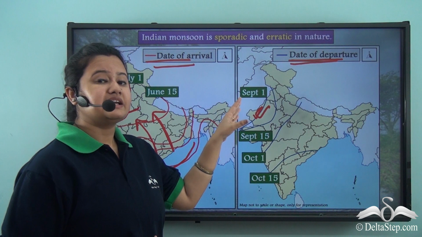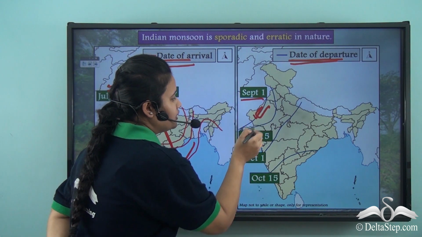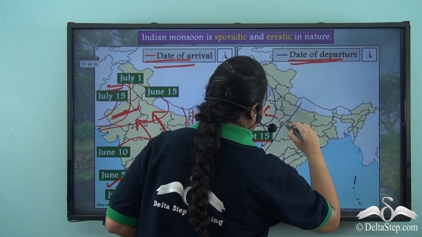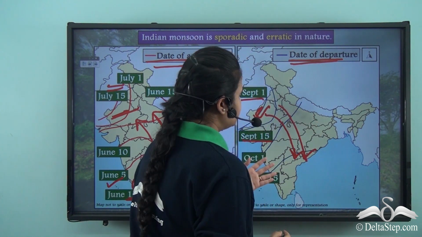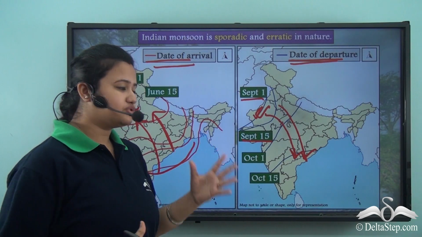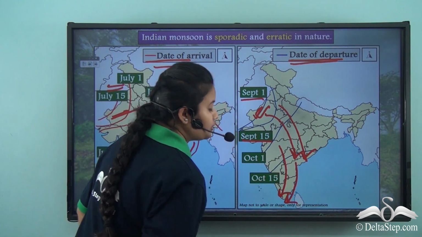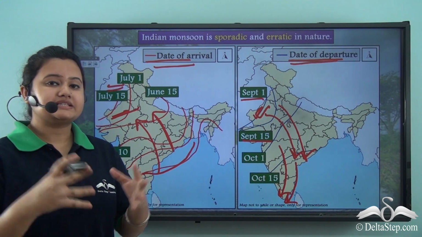The monsoon winds depart this part of the country by almost the first week of September. Then the winds blow over the northern plains and gradually proceed towards southern India. The monsoon winds finally exit India by the last week of October, and then the climate gradually dries up.